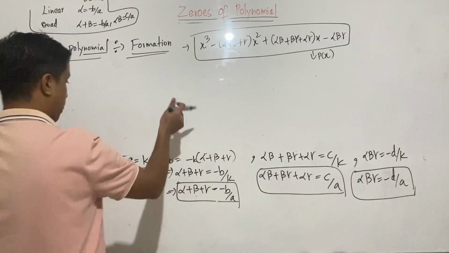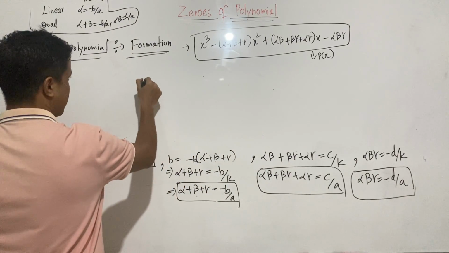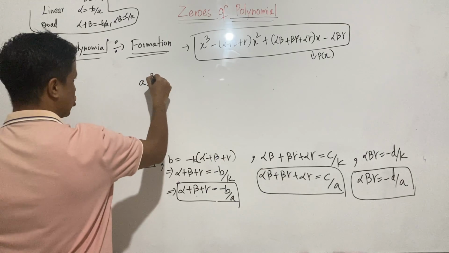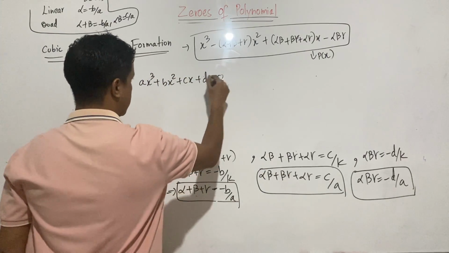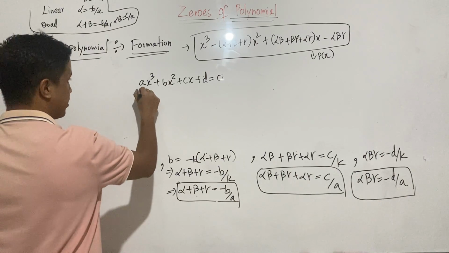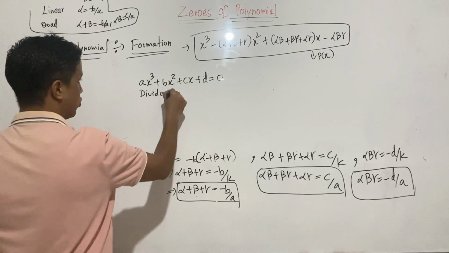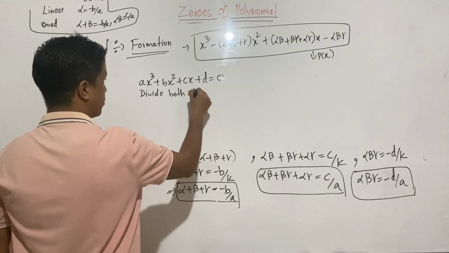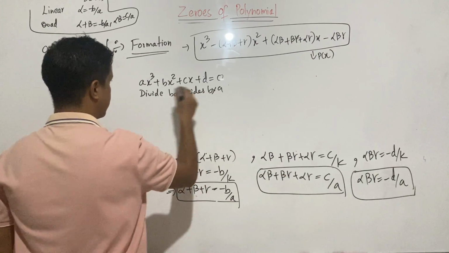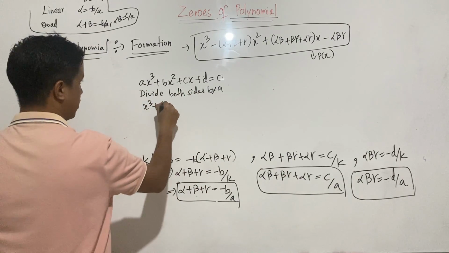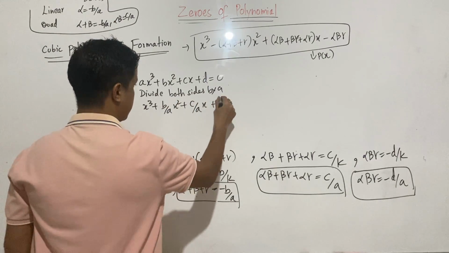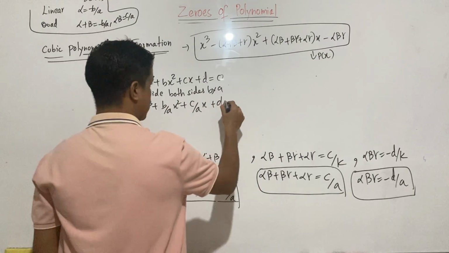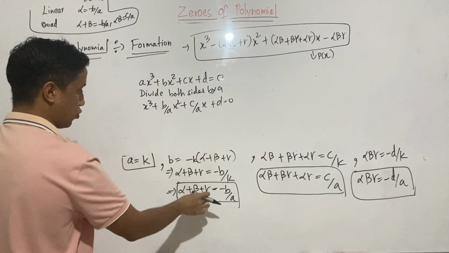Okay, and how did I do it? So it's simple. The same general equation, ax cubed plus bx squared plus cx plus d equal to 0. What you can do is divide both sides by a. So x cubed plus b by a x squared plus c by a x plus d by a. Then you can just put in these values.